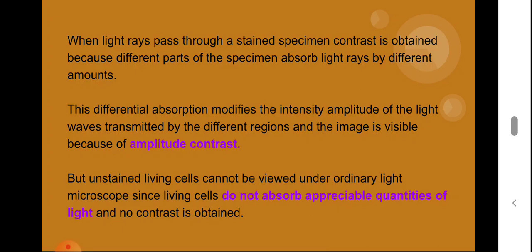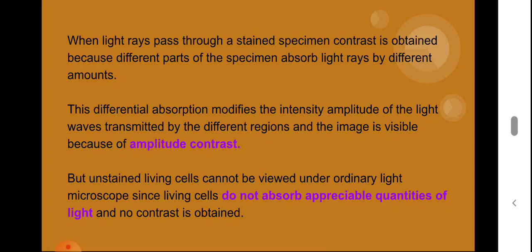And when we view under the microscope, we can see the cells because they are stained. This is because an amplitude contrast is produced in the specimen.